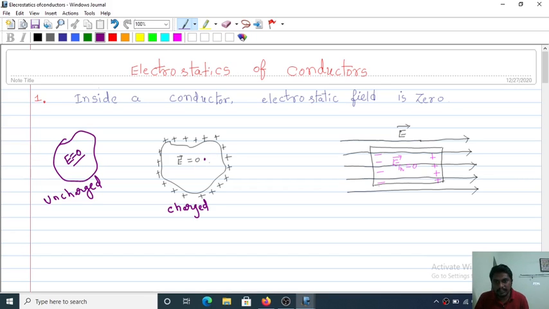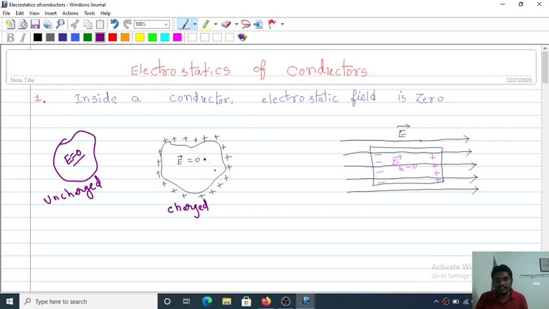If you take any point here, the net electric field due to these charges is zero. So in the uncharged conductor, definitely the electric field inside is zero, and even in a charged conductor, the net electric field inside is zero.